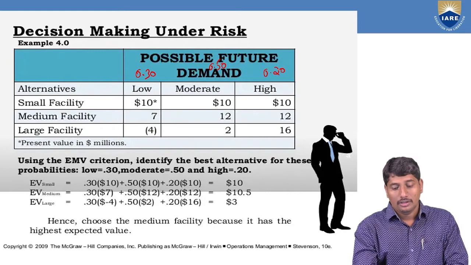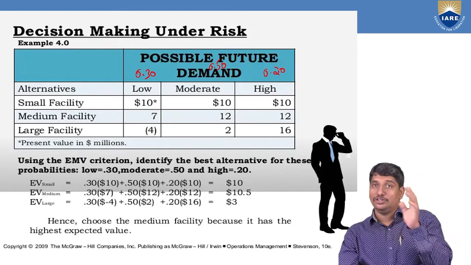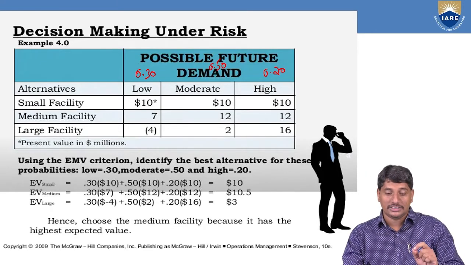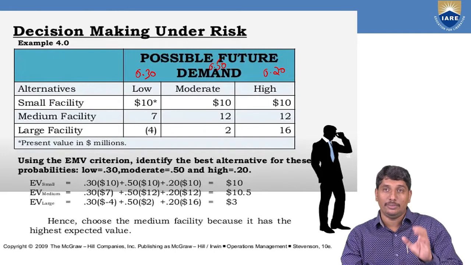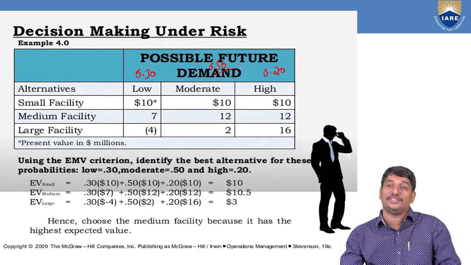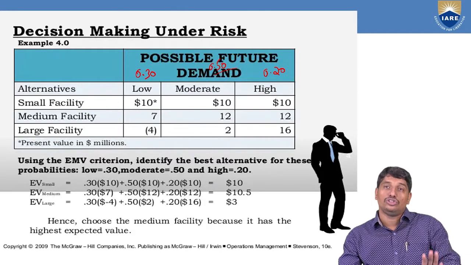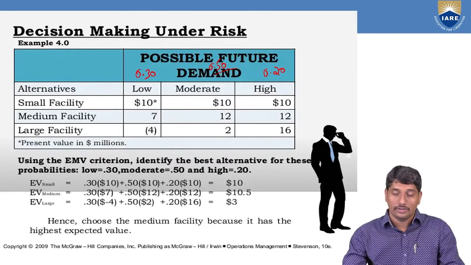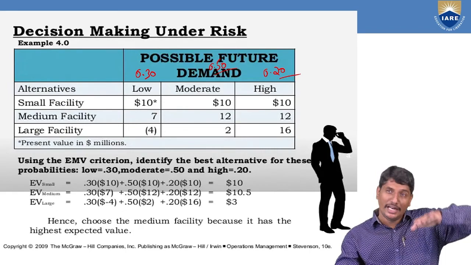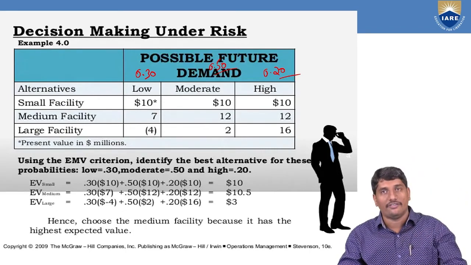That means we are expecting that throughout the year, out of 12 months, there is a 30% chance that there will be low demand, a 50% chance that we will have a moderate demand on an average, and a 20% chance that there will be high demand on an average.